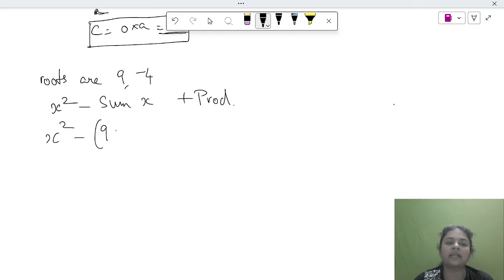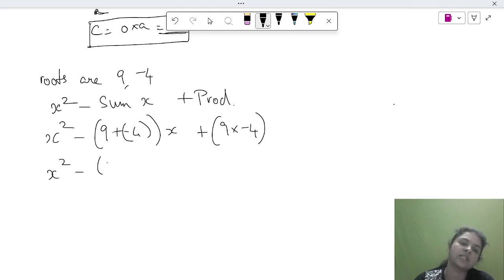The sum of the roots is 9 plus minus 4, into x, plus 9 into minus 4. So the answer is x square minus 9 minus 4, which is 5x, plus 9 into minus 4, which is minus 36, equal to 0.